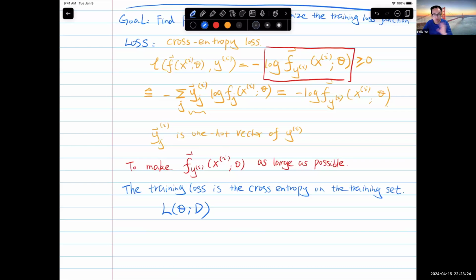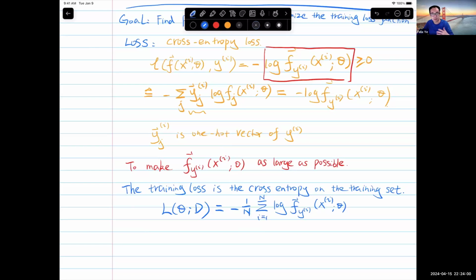We sum all this cross entropy loss for each entry, then divide by n. So this is minus 1 over n times the summation of i from 1 to n of the logarithm of f_{y_i}(x_i, theta).